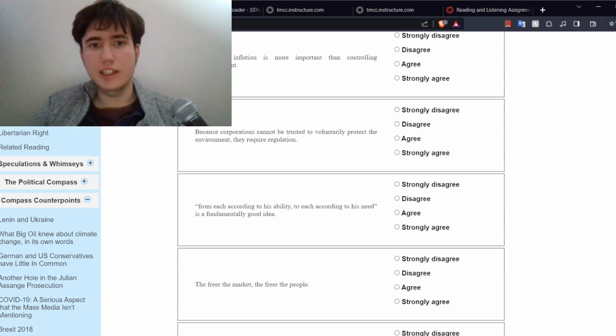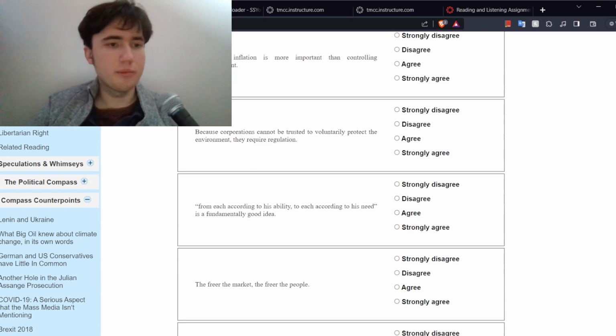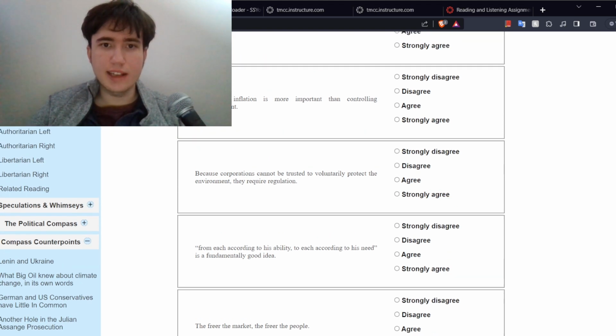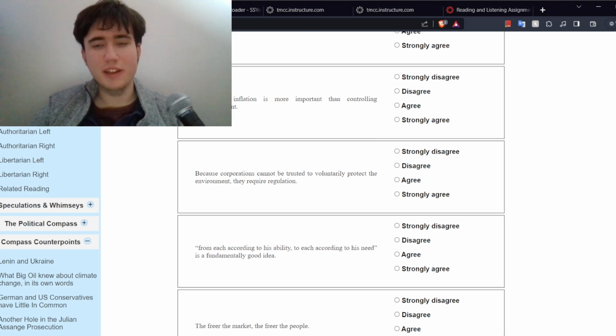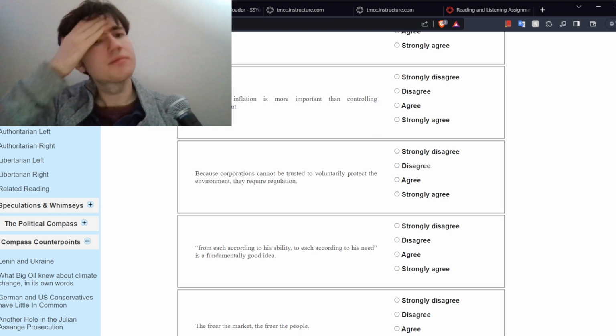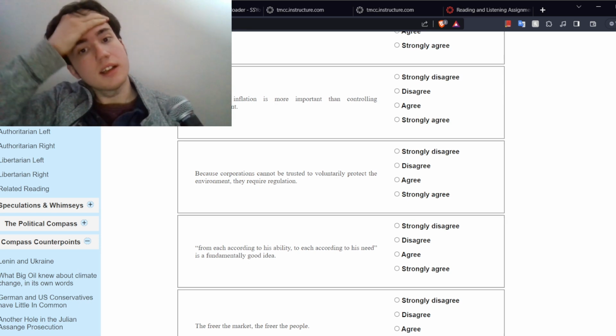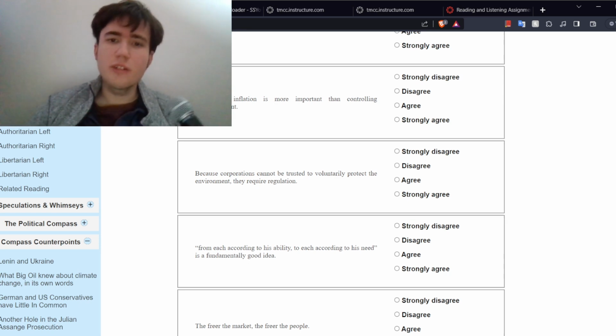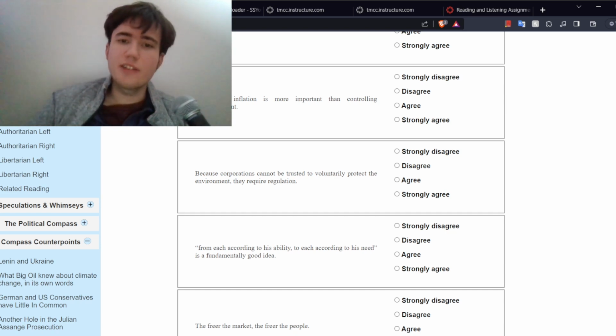Controlling inflation is more important than controlling unemployment. So I guess this is a left-right thing, because I guess the left cares more about unemployment than inflation. The right cares more about inflation. I don't know, and see, how do you answer this one?